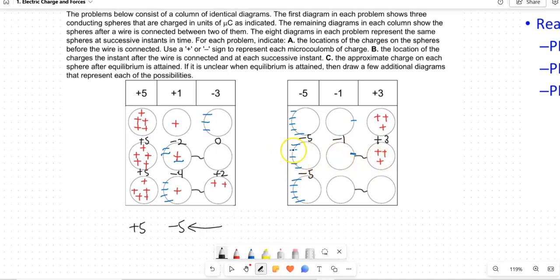So these -5s want to bring over 5 protons, but it can't because protons don't move. So what it has to do is push away 5 electrons from this object. And it already has 1 electron right here.